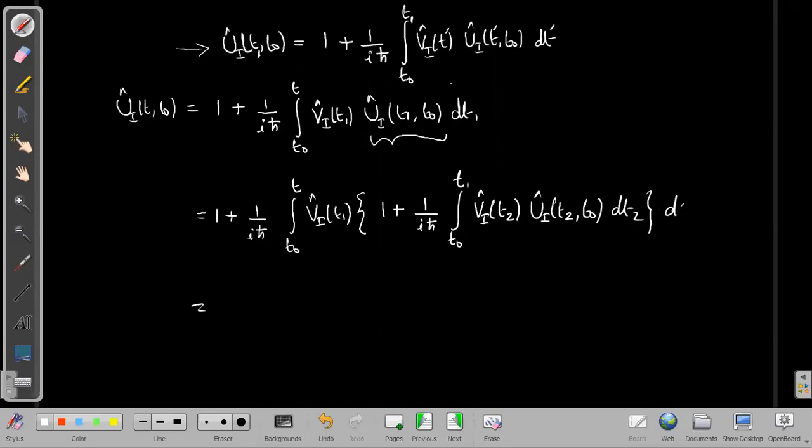Okay, so better we can expand it. The integration variable here would be other than the integration variable dt1.